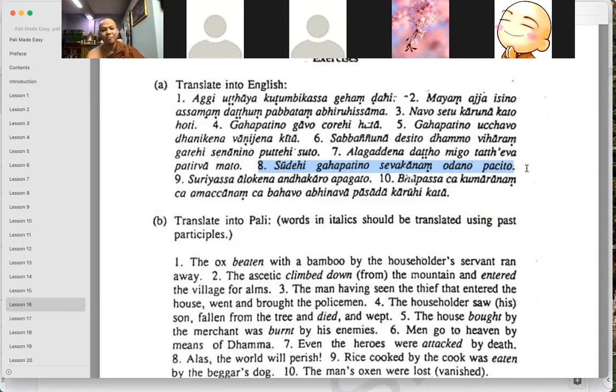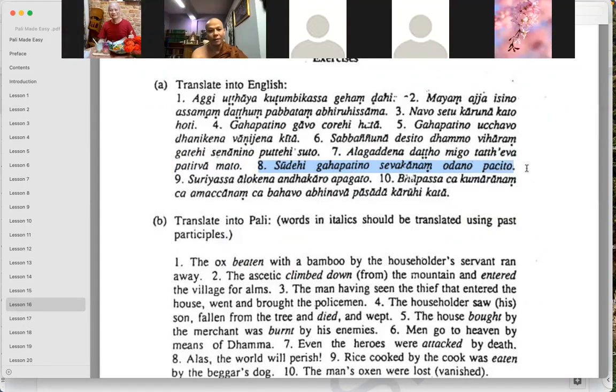Can you try yourself? Suda, the cook, gahapati, householder, and sevaka, servant. Okay, Damadara, Bhante, I'll try, of course. Sudehi gahapatino sevakanam odano pacito.